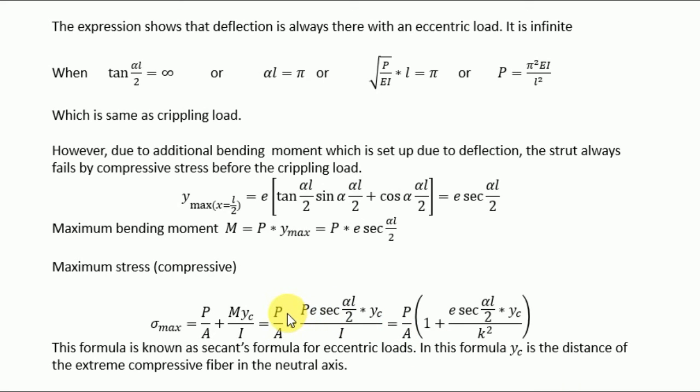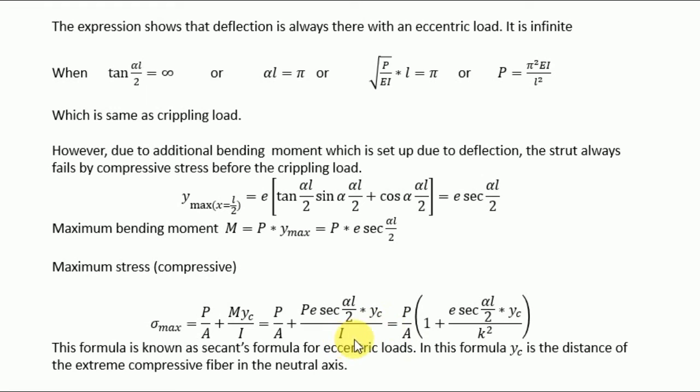P can easily be taken out from these two terms. But what about A? We don't have A in the denominator, so we just multiply above and below, and the value of A can be put out, as you can see here.